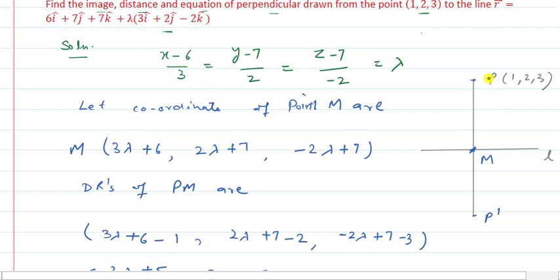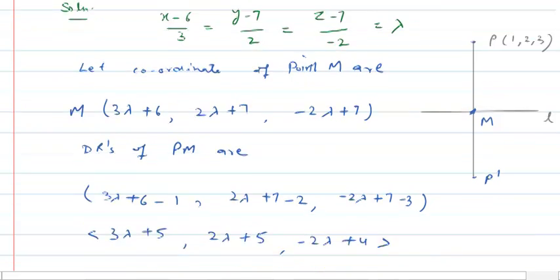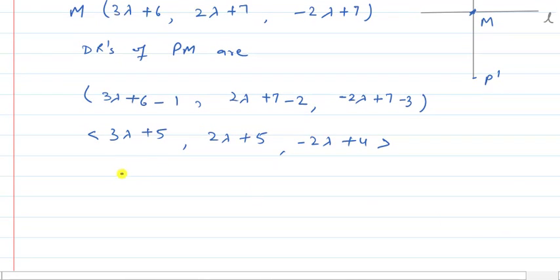Now the next point is PM is perpendicular to L. So therefore the dot product of the direction ratios of line L and PM will be 0. Now the direction ratios of PM we have calculated and the direction ratios of the line are given to us as 3, 2 and minus 2. So let us calculate the dot product of it.